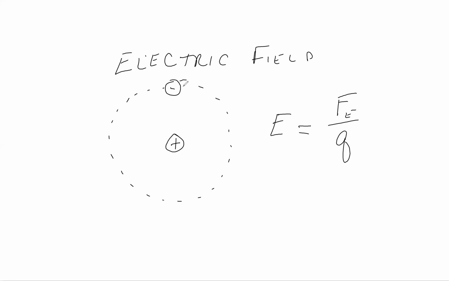Now we're going to say that if we have a negative charge somewhere, that a positive charge enters the electric field, right? We can talk about field lines, kind of like we did with gravitational lines, right? We're going to have these electric field lines, but this time direction matters, right?